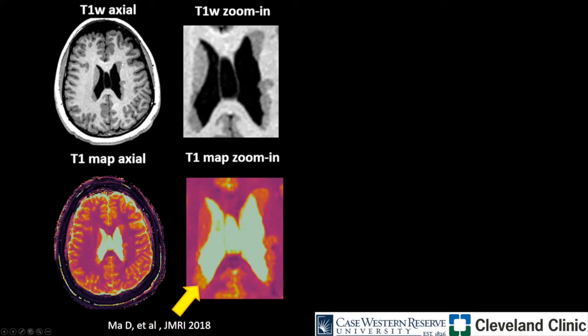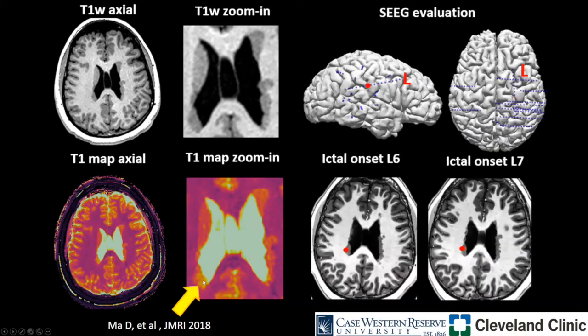This patient has heterotopia around the ventricles, which we can clearly see already in the T1 weighted images. But there's no way to identify what part of this lesion may cause seizure. From the T1 map, we start to identify this substantially increased T1 in a certain area in one corner of the heterotopia. Again, this finding is not shown in the conventional T1 weighted images.